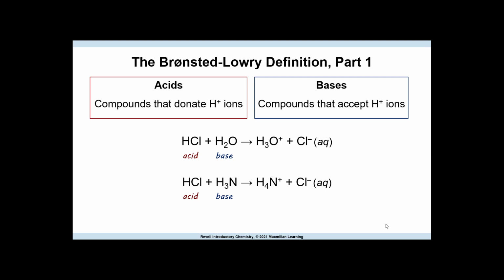For instance, this bottom one with nitrogen trihydride would not be considered an Arrhenius base because it doesn't have hydroxide on it, but it is a base in this definition with Bronsted-Lowry. So that's why the definition had to be expanded, because it was excluding a lot of compounds that did act like bases and had the behavior of bases.